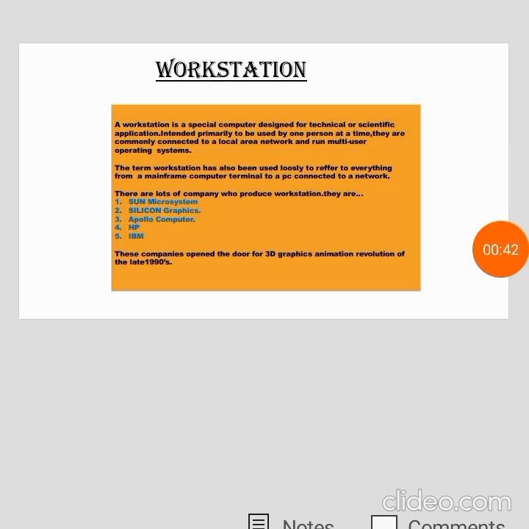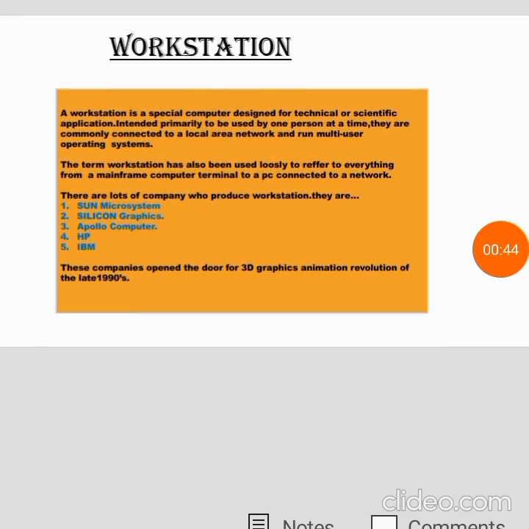So let's have a look at the workstation. A workstation is a specific computer designed for technical or scientific applications, intended primarily to be used by one person at a time. They are commonly connected to a local area network and run multi-user operating systems.